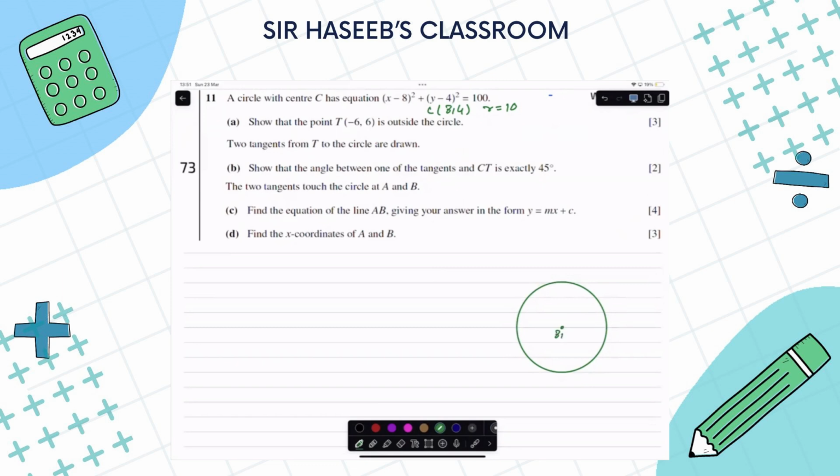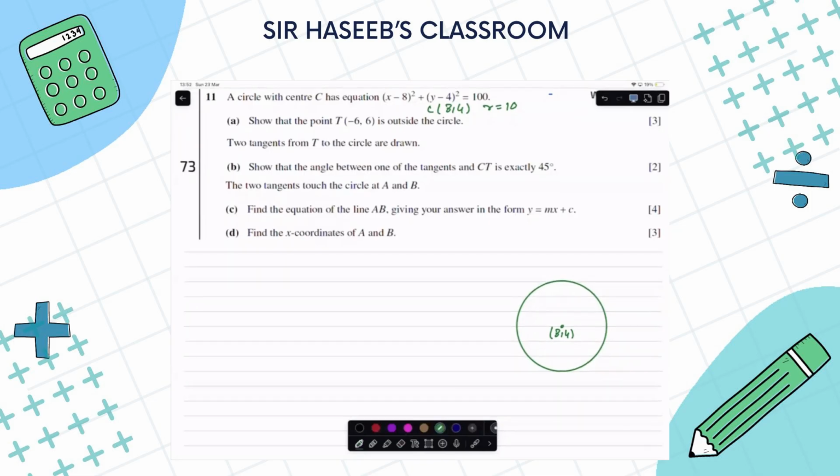Center is (8, 4). We need to show that T is outside the circle. T is (-6, 6), right? Must be somewhere over here. If it's outside the circle, then the distance between T and the center should be more than the radius, isn't it?